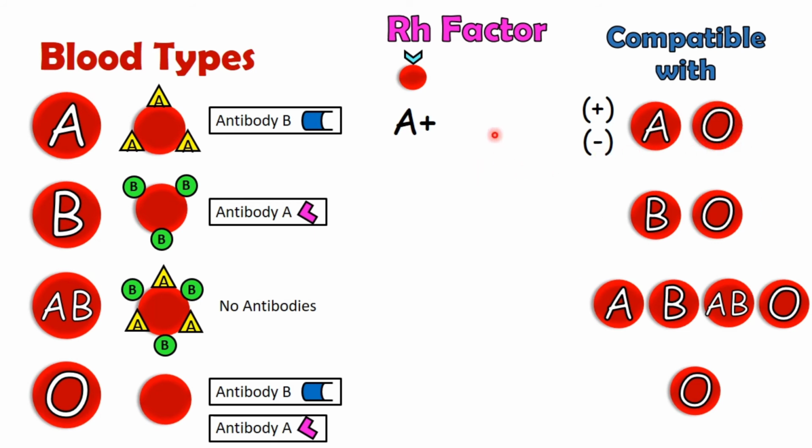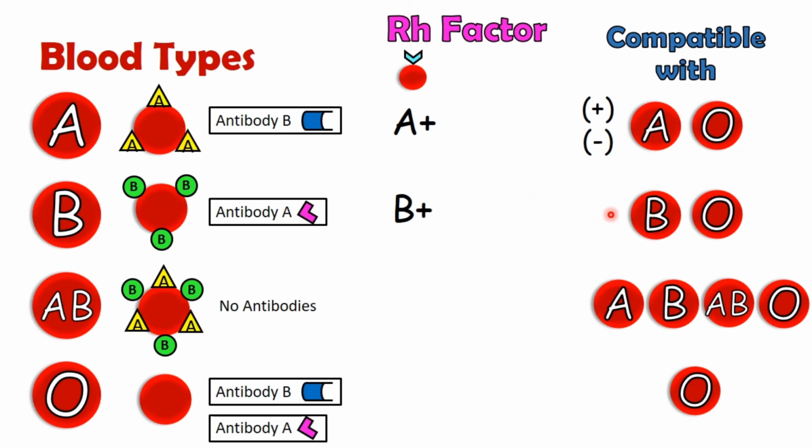It means that if there is the presence of the RH factor in any blood type, the positive sign can receive from the positive and also from the negative blood types. The same goes with the B blood type. If B has the presence of the RH factor, it becomes B positive, right?